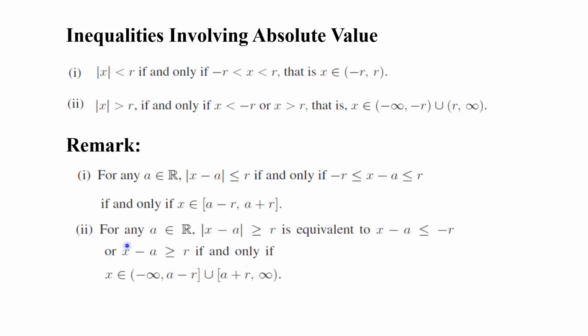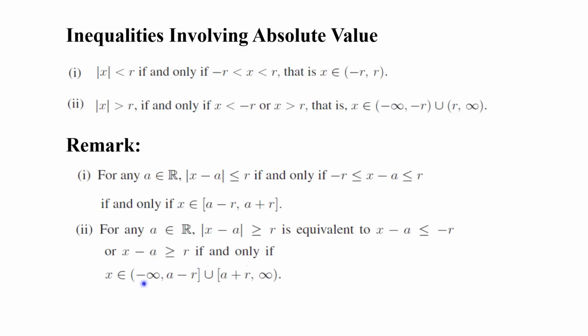Next one is for any a belongs to R, modulus of x minus a greater than or equal to r is equivalent to x minus a less than or equal to minus r or x minus a greater than or equal to positive r. If and only if x belongs to the open interval minus infinity comma a minus r, closed interval.